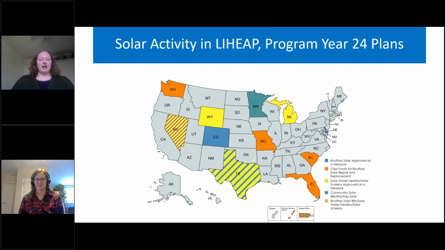States with orange allow for crisis funds to be used for rooftop solar repairs or replacements, which is Northern Mariana Islands, Florida, South Carolina, Missouri, Washington, and Puerto Rico. States with green on them allow for community solar bills to be eligible LIHEAP payments, which is Minnesota, and then Nevada in purple allows for LIHEAP funds to be used to cover rooftop solar bills.